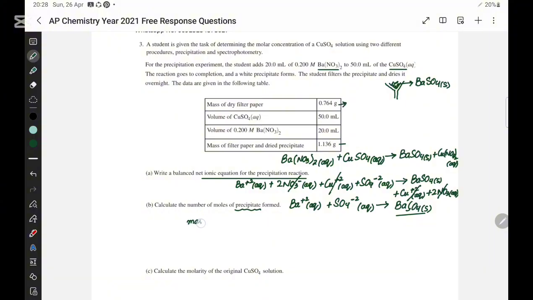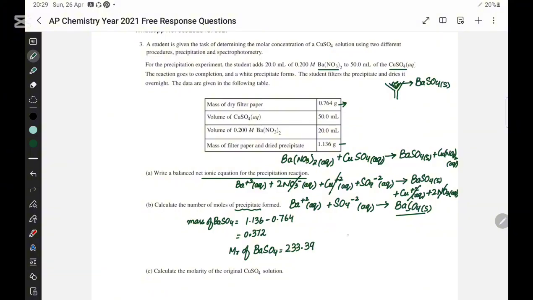Mass of precipitate, mass of barium sulfate, becomes 1.136 minus 0.764, and that comes out to be 0.372. The Mr of barium sulfate we can find from the periodic table, and that comes out to be 233.39.